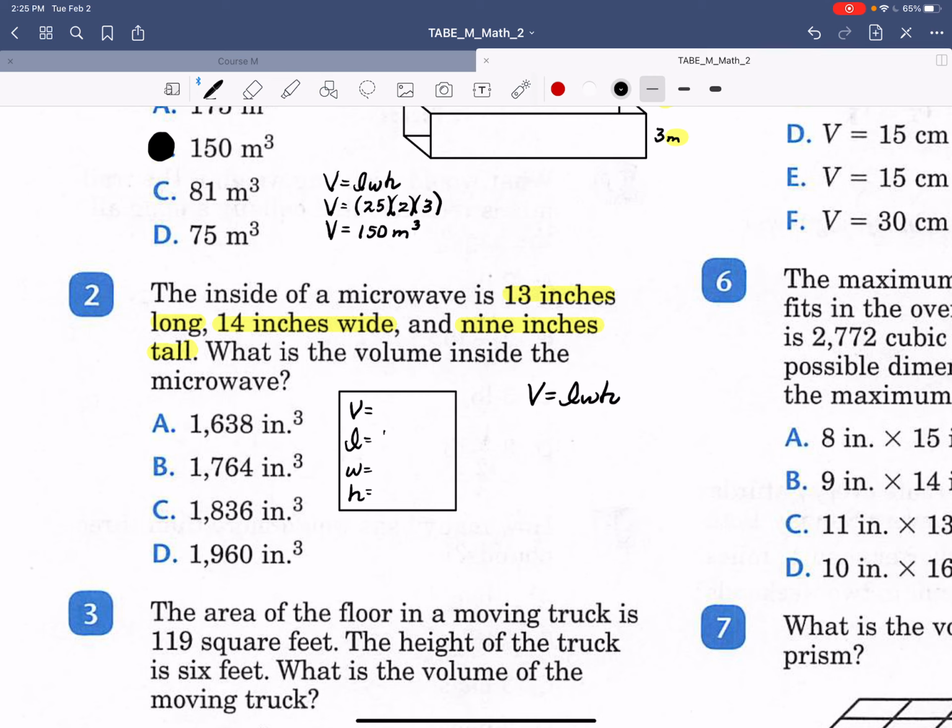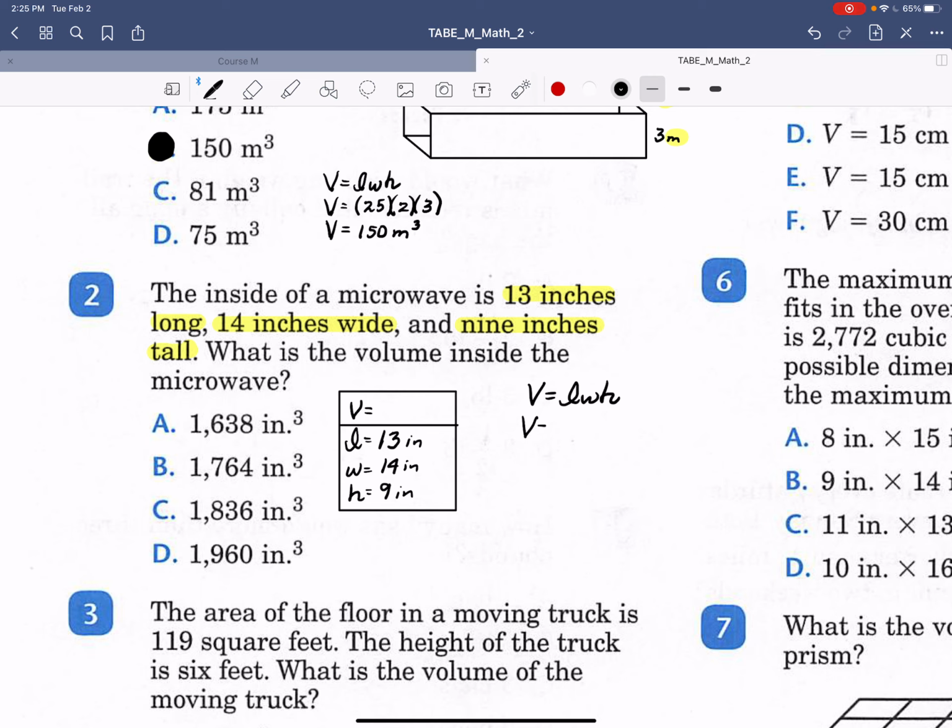So we have 13 for L, W is 14, and 9 is the height. And all of them are in inches.